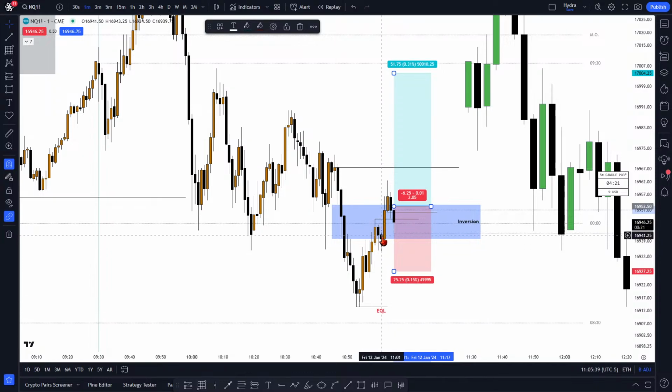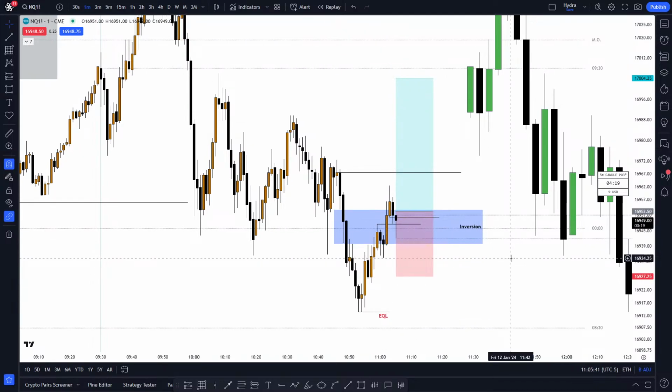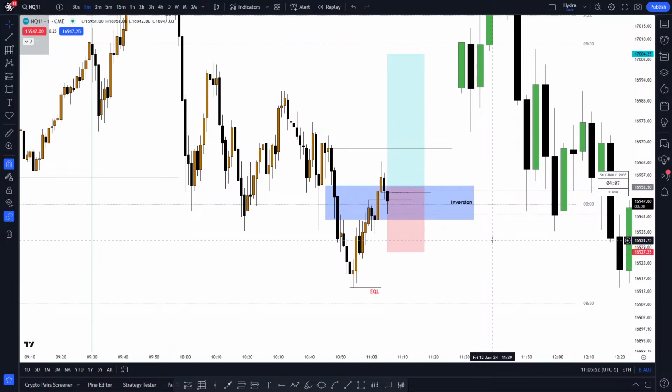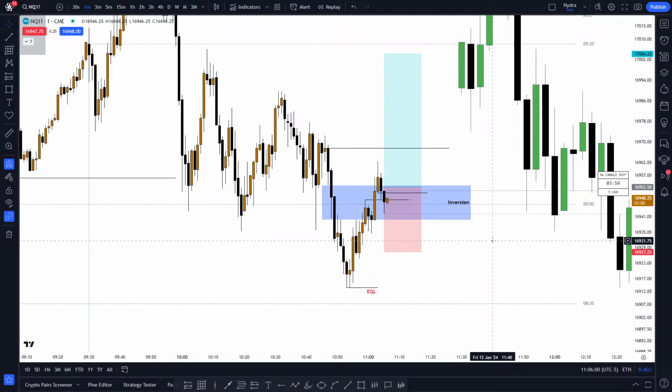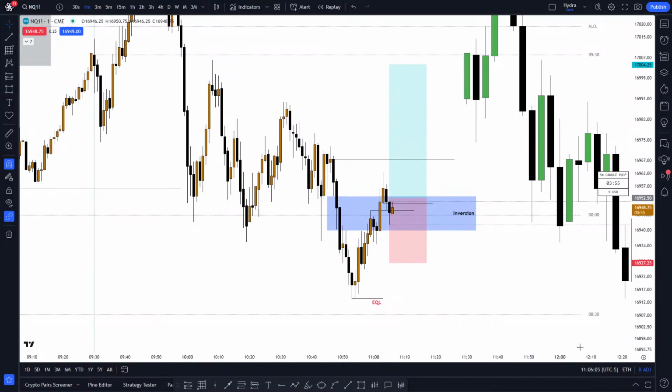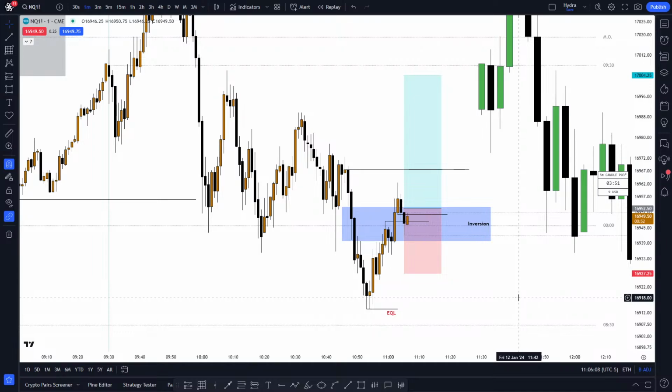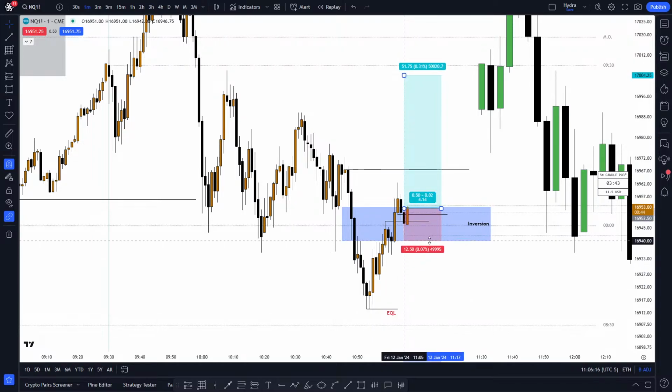These order blocks, let's see if price holds it. $11.06, we still have some room inside our macro. Now that we got support, we are comfortable to put our stop loss below the order blocks.